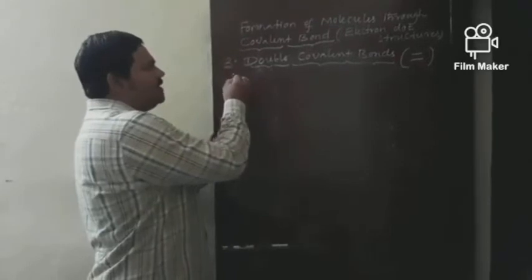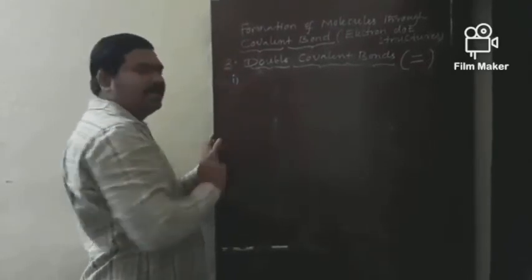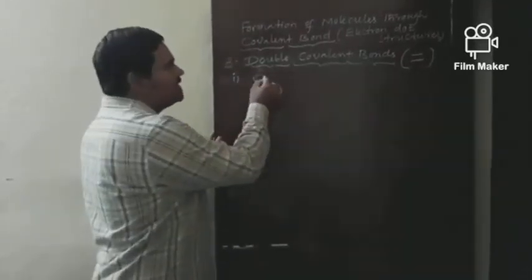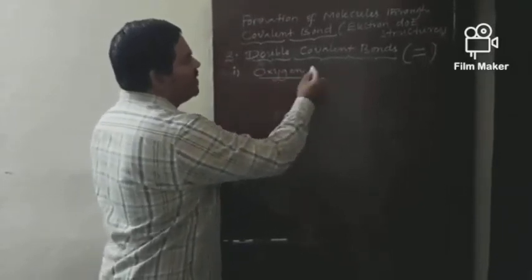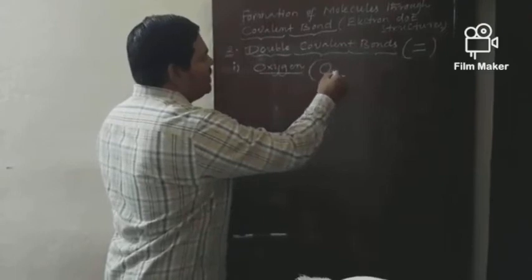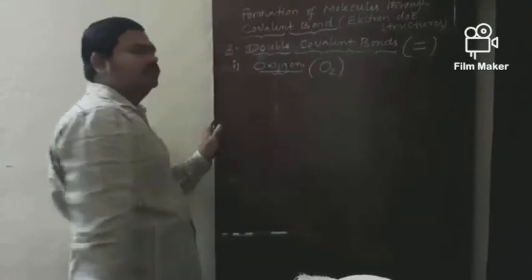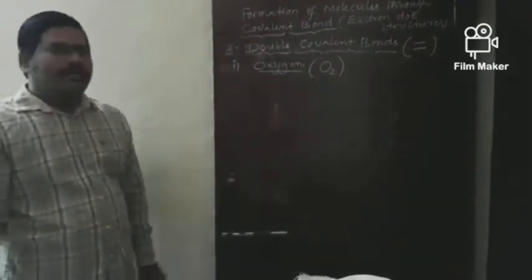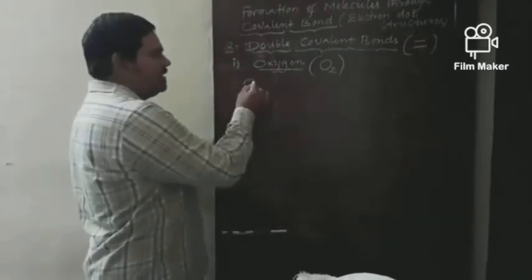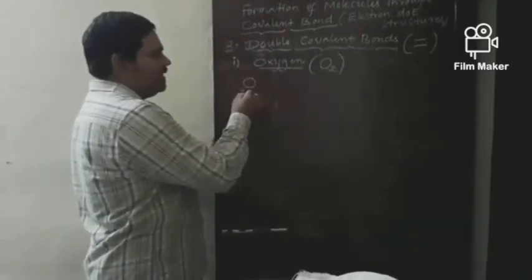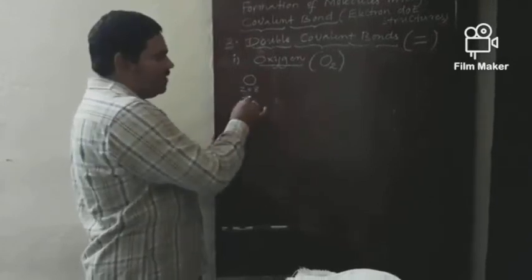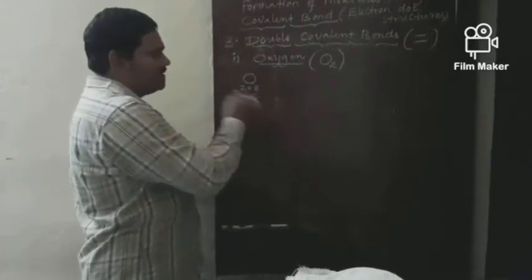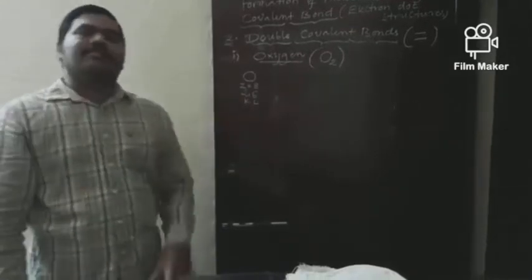And in this category, the first molecule to be explained is oxygen. What is the first molecule? Oxygen. What is the formula of oxygen? O2. Now let me take the first oxygen here. Oxygen 1 with atomic number 8. Electronic configuration 2,6, number of shells are 2, but unstable.